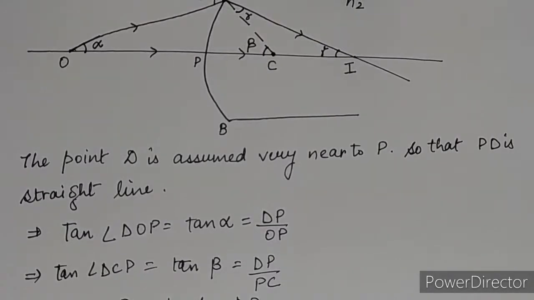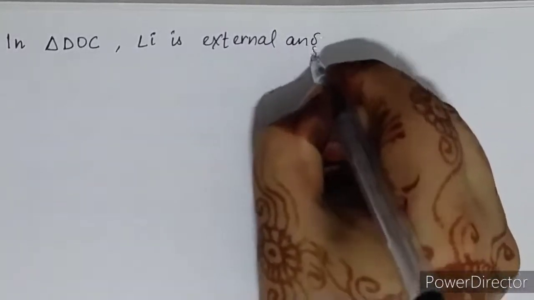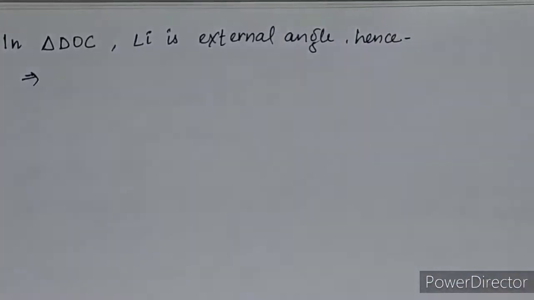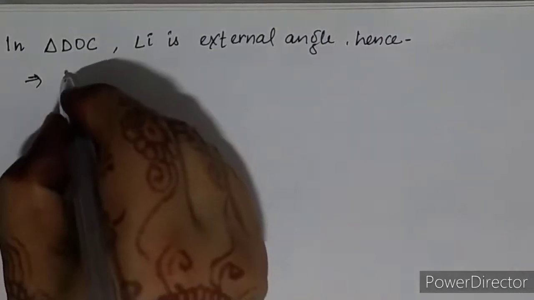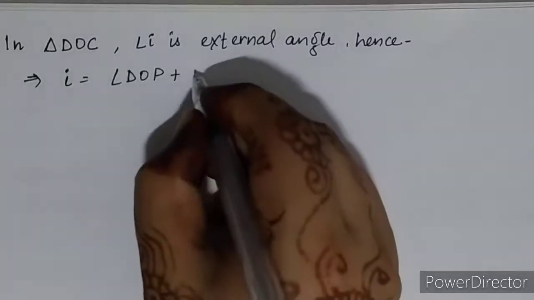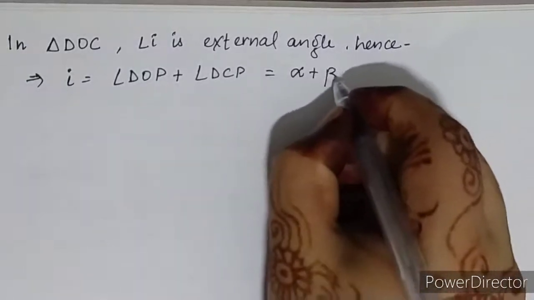So I am telling you how we will write it down: in triangle DOC, angle I is the external angle, hence we apply the property that angle I is equal to the sum of the two internal angles, DOP plus angle DCP, that is equal to alpha plus beta.